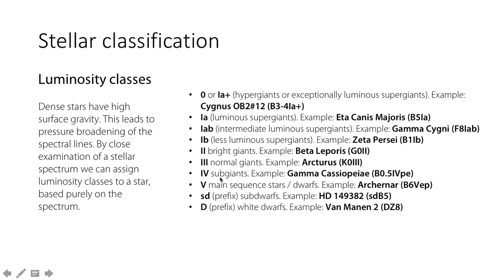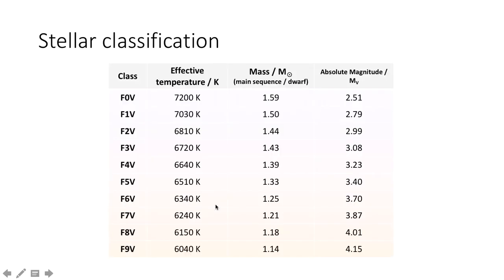You have type 5 stars, which are the main sequence stars, ordinary, boring stars like our own. Well, they can be a lot bigger and they can be smaller, but they are burning hydrogen into helium. They're main sequence stars. And then we have two other categories which we'll be looking at in a lot more detail later, particularly the white dwarfs. So this is the kind of information that we can get.